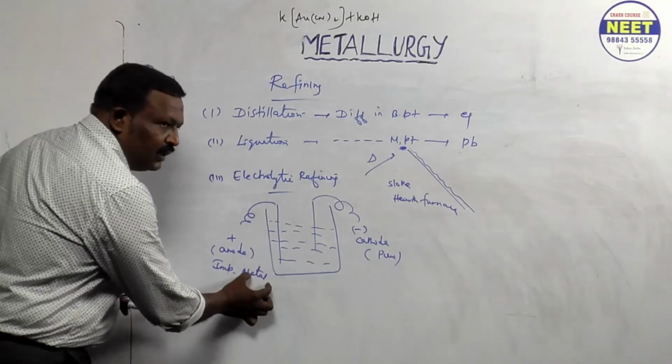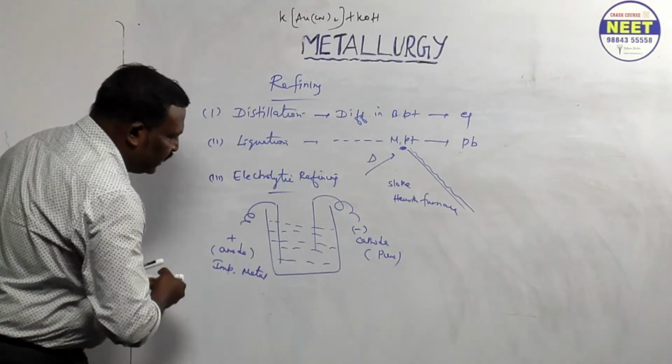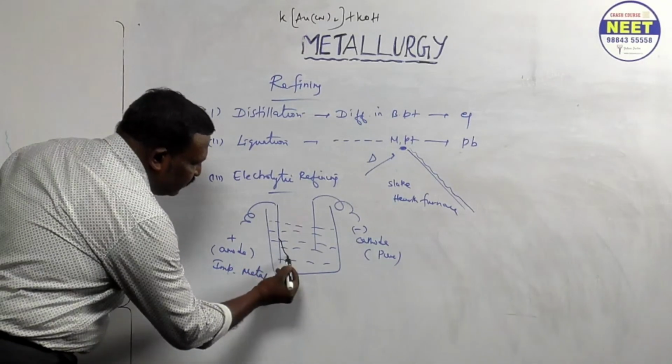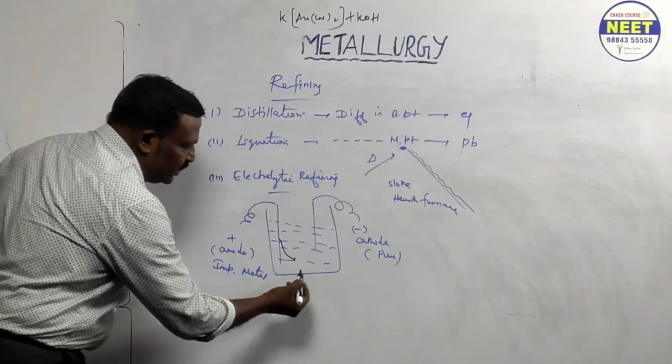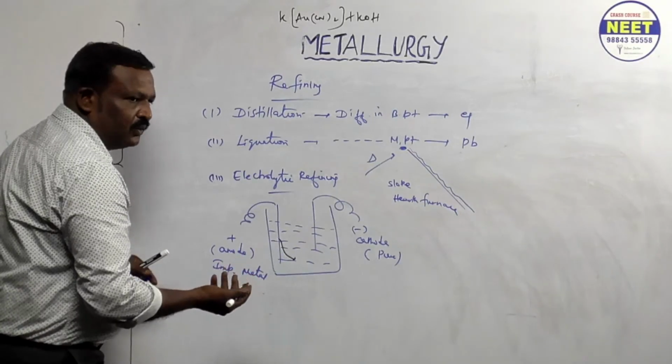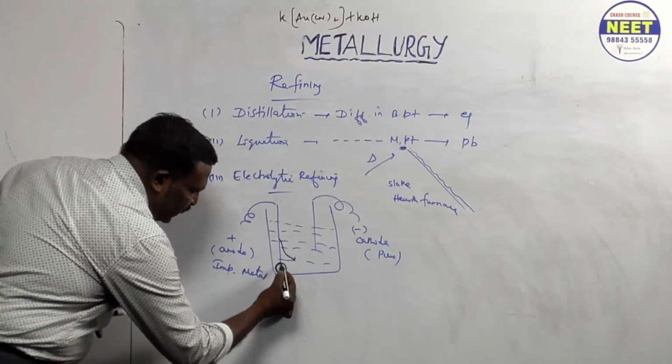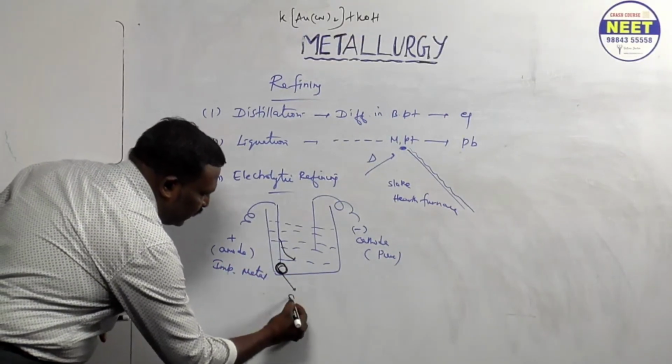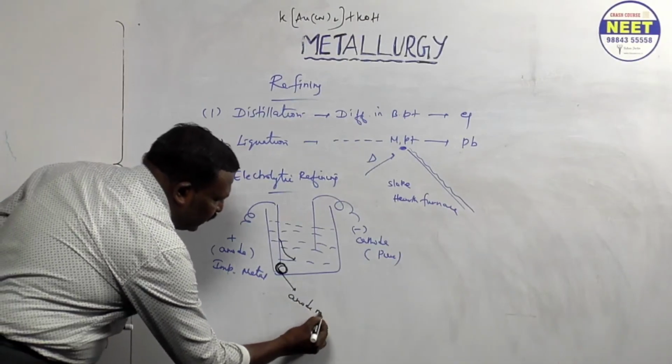When you pass electric current, only the metal melts and goes into the solution. But impurities do not have any such melting, they will be there only. They will be settled down near the anode. That's why it's called anode mud.